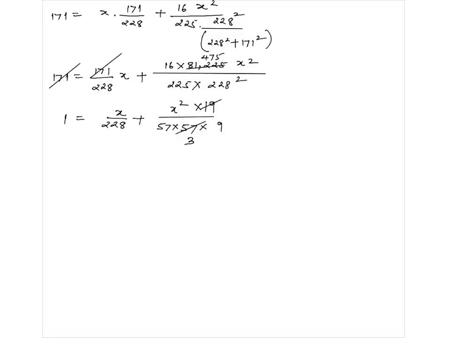And 57 into 3, 171. Okay, 57 into 4 is 228. That's not bad.